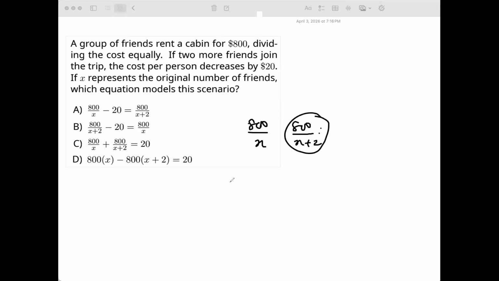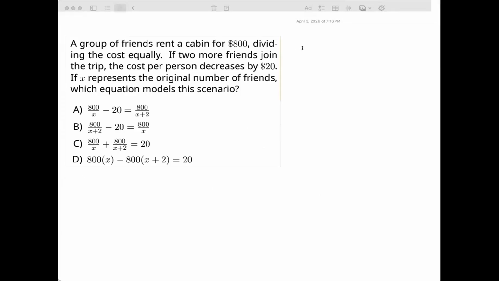This will be a smaller number, right? So from 800 by x, you're going to subtract 20, and you get 800 by x plus 2, right? Make sense? A is the answer. Now let's see this one.